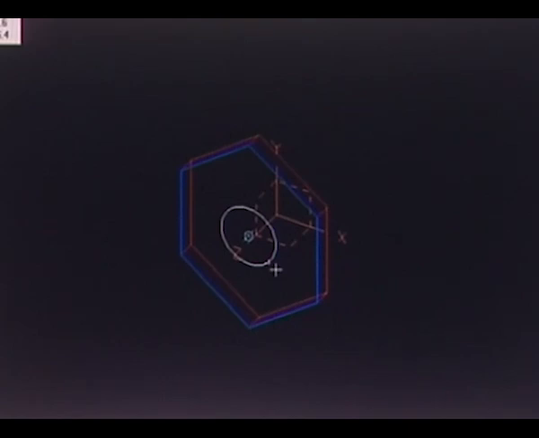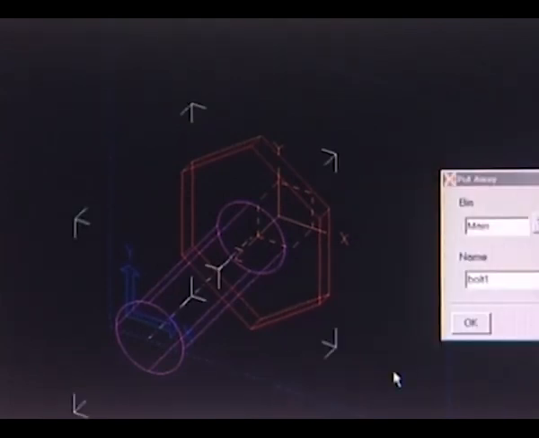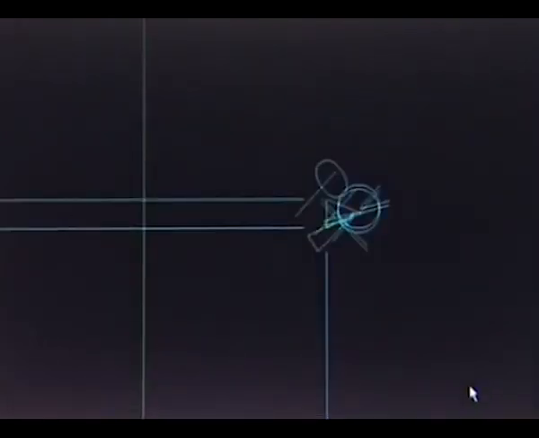We sketch the circle, and in a similar way the hexagonal head was extruded, we extrude this circle as well. We extrude the circle by 100 units. We put this part away and concentrate now on modeling the threads. Thread design is very similar to the spring design.